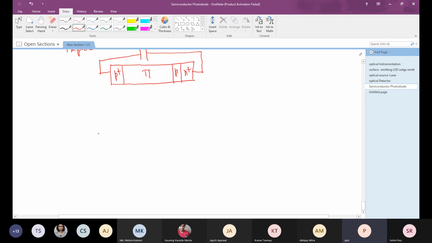So if we see the field gradient, this is the field, electric field, reverse biased.